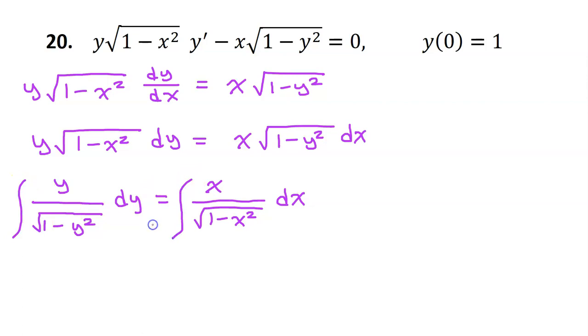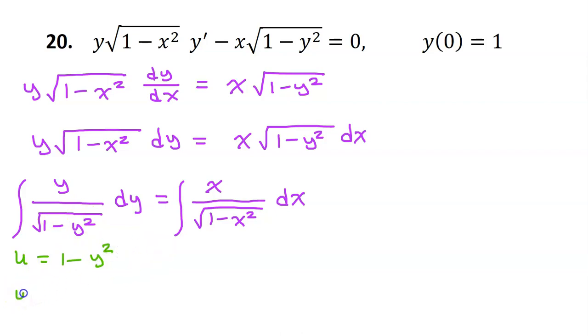If these x's and y's were 1's instead, we would integrate using arc sine. But since it's y and y squared, it's going to be u substitution. So let's let u equal 1 minus y squared.